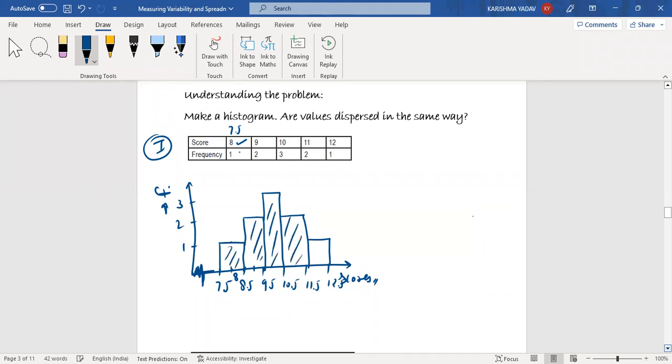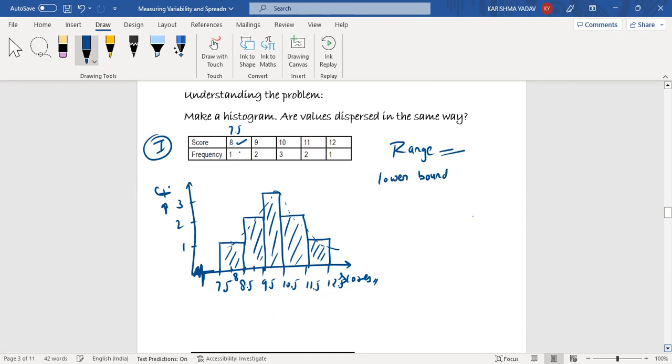Now this looks like a very symmetrical kind of histogram. If I join the points, it will be somewhere like this. So this looks like very symmetrical data. If I talk about the range of these scores, what is the range? For finding the range, what is the lower bound?